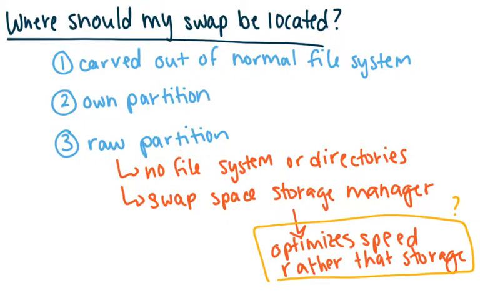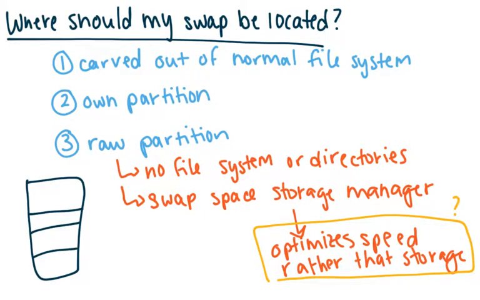Anytime you're optimizing speed rather than storage, consider when we talked about contiguous memory allocation: the problem was that you had these fixed spots, and you wanted to fit these programs in such that you reduced your internal fragmentation. This was the internal fragmentation here, where this program had some leftover space.